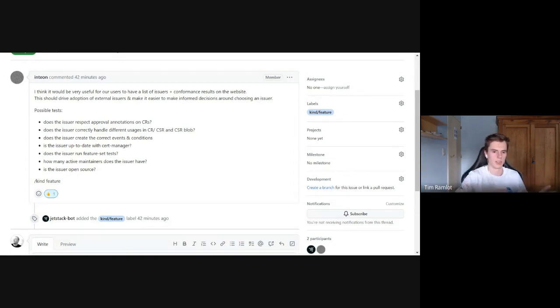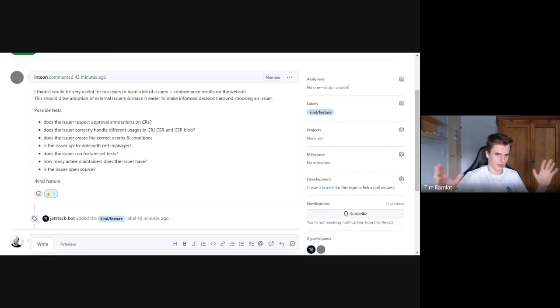Because right now, I think a lot of people default to the in-tree issuers because they know that we maintain them, so they must be good. But we also want external issuers to be more popular in the future. If we can confirm that the quality of those external issuers is also very good, even though they're not maintained by us, that would be a great thing. And we could add that on the website and advertise that.